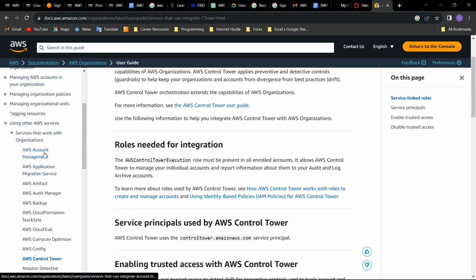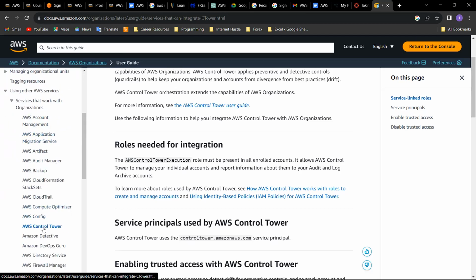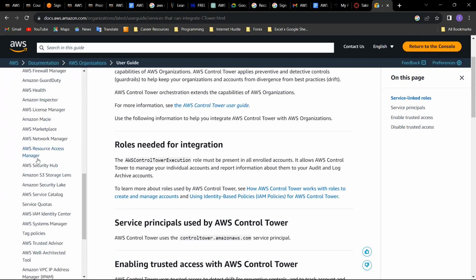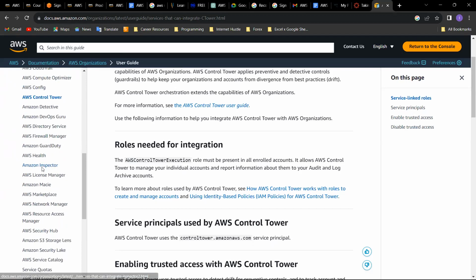Under that we can see Control Tower, Config, CloudTrail. So all these are capabilities that work with Organizations.